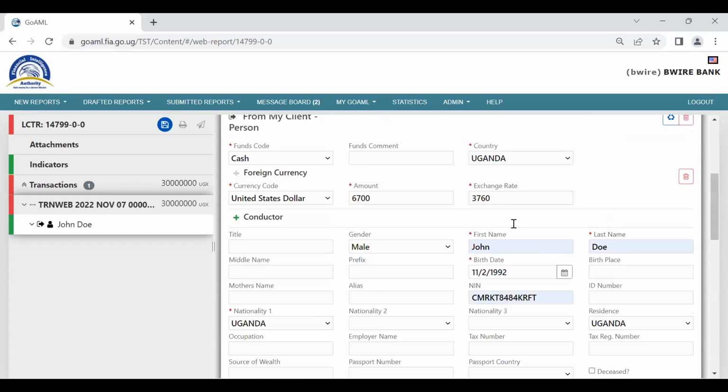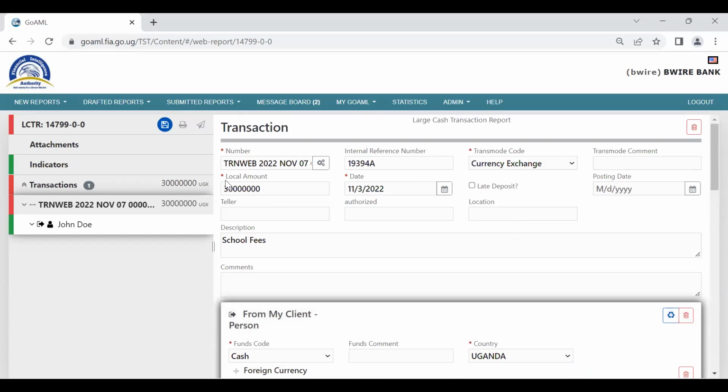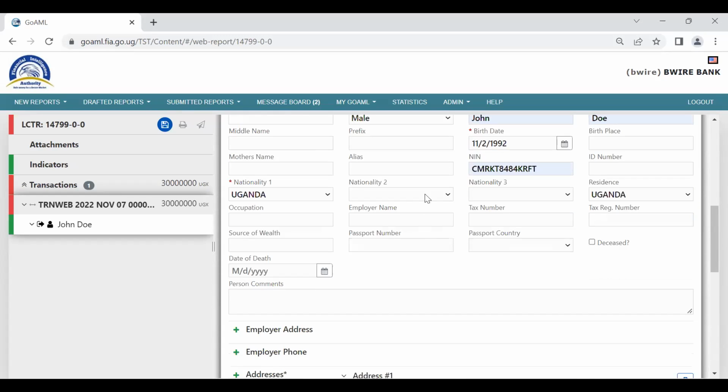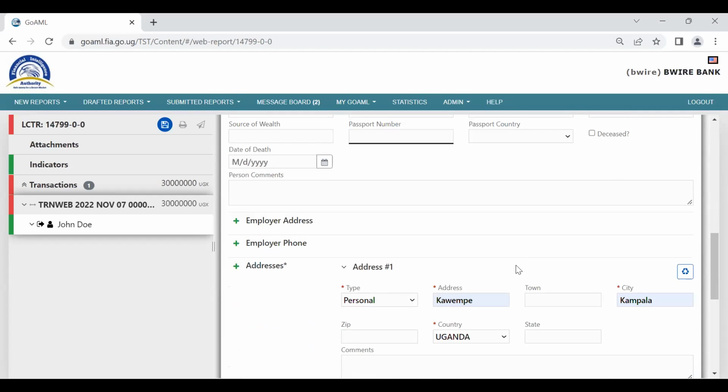So just to recap, we have the transaction data here. Then we have the person who came in with the dollars to exchange, and their details. Key detail, like someone asked about nationality, we are only interested in one, unless you know this person has dual nationality. Passport information is captured there.